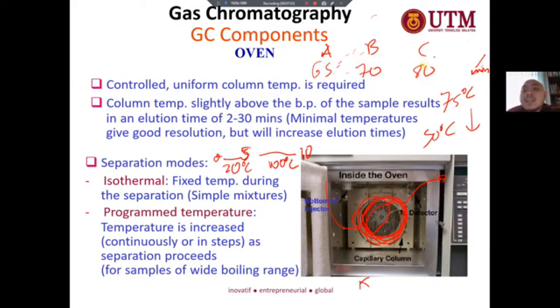The temperature is not that different, so you can use isothermal. But suddenly you have 65, you have 100, and then you have 200. So you have a wide boiling range of the analytes. That is when you need to use the programmed temperature.